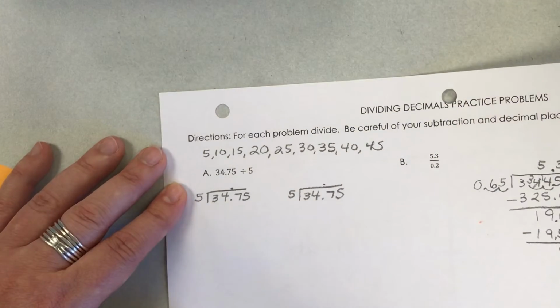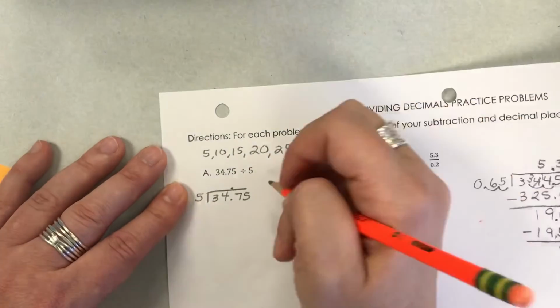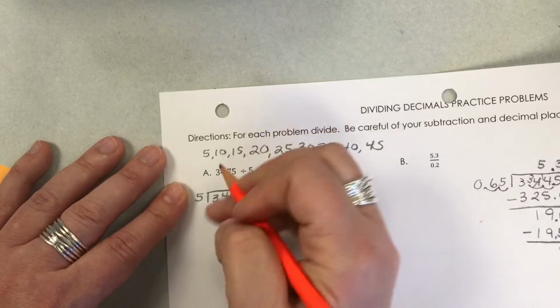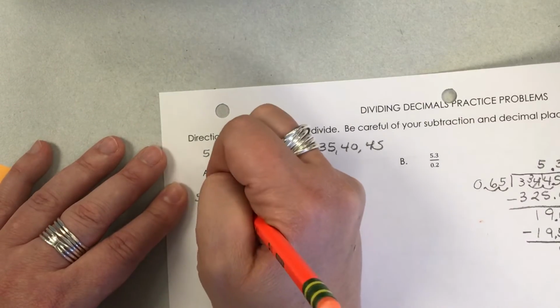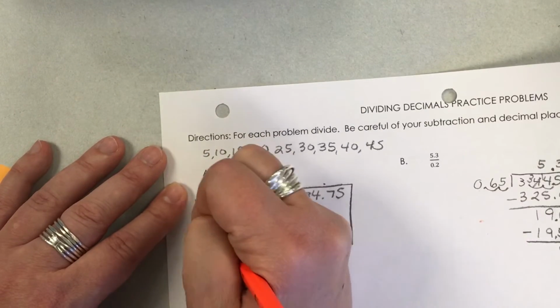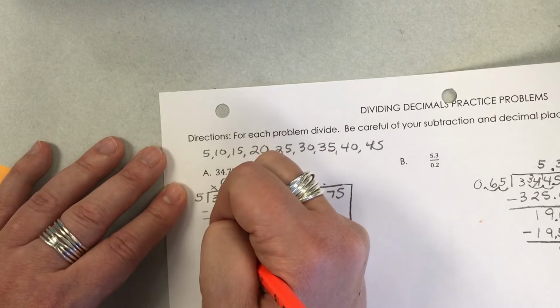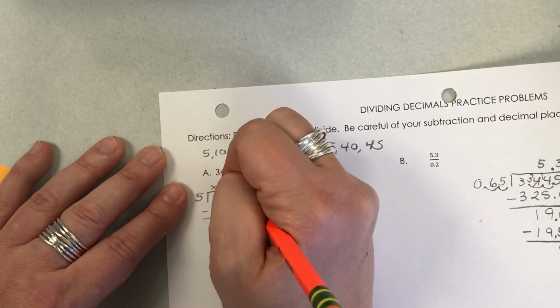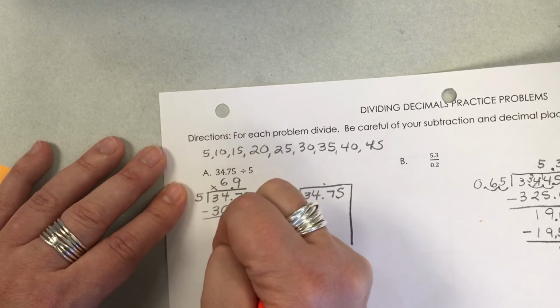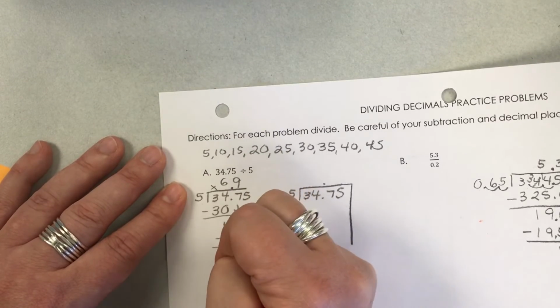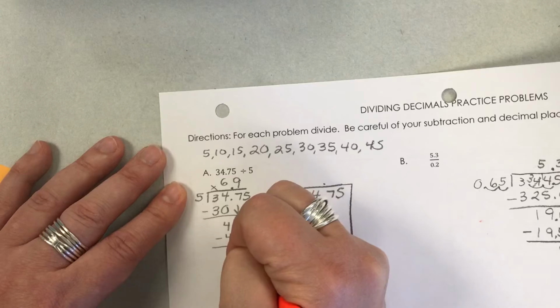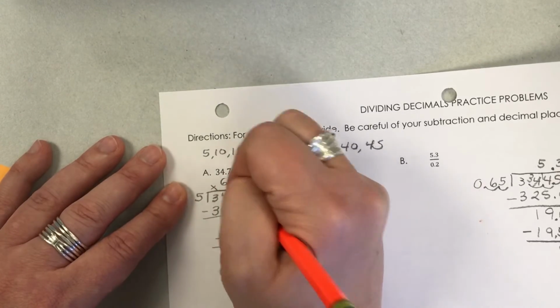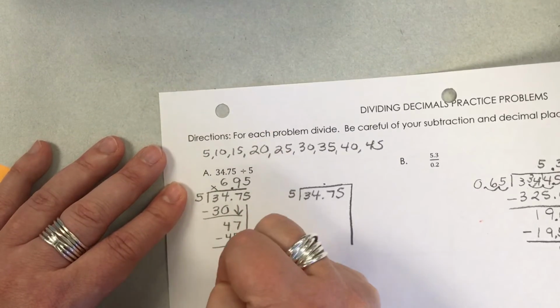The first 9. 5 does not go into 3. 5 goes into 34 6 times without going over. 34 minus 30 is 4. Bring down the 7. 5 goes into 47 9 times, which is 45. 47 minus 45 is 2. Bring down the 5. 5 goes into 25 5 times.